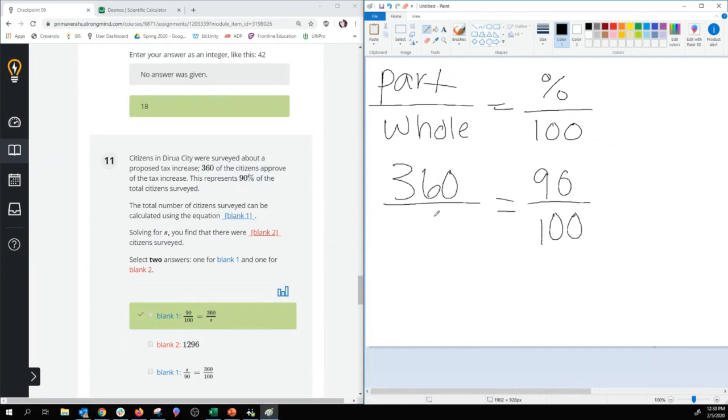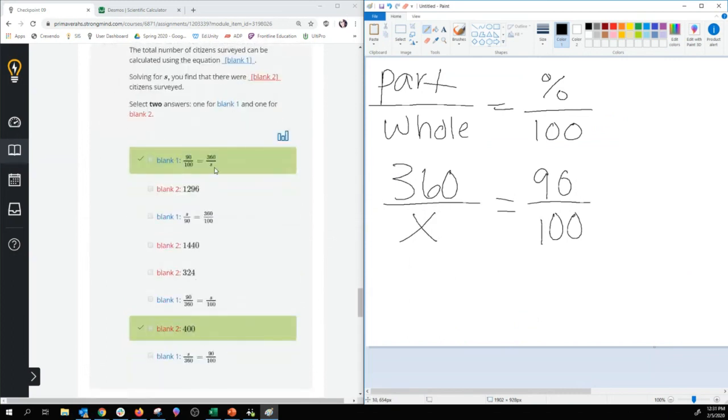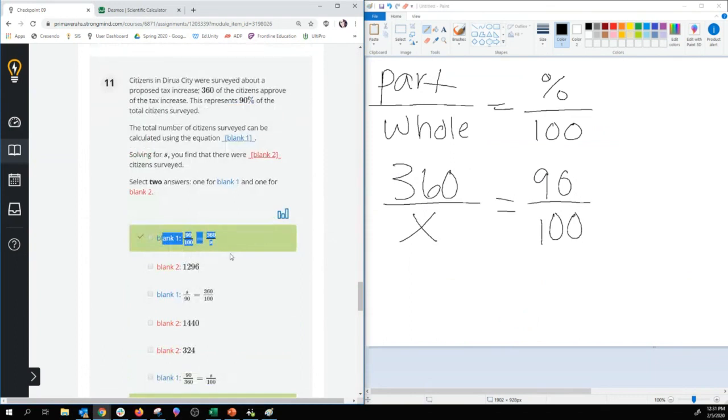That means I don't know how many total citizens there are. So I'm going to put X on the bottom here. So if I look at these equations, I want my X to be underneath 360, which means it has to be this top one here. And 90 is over 100. On this one, they have it flipped. Ours is in a different order, but it's okay because what's on both sides of the equal sign are still the same.